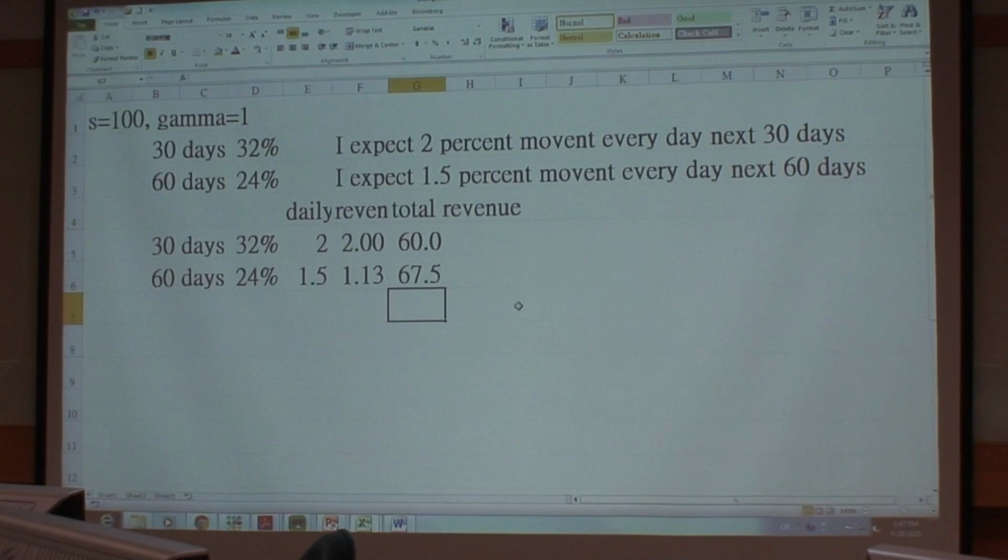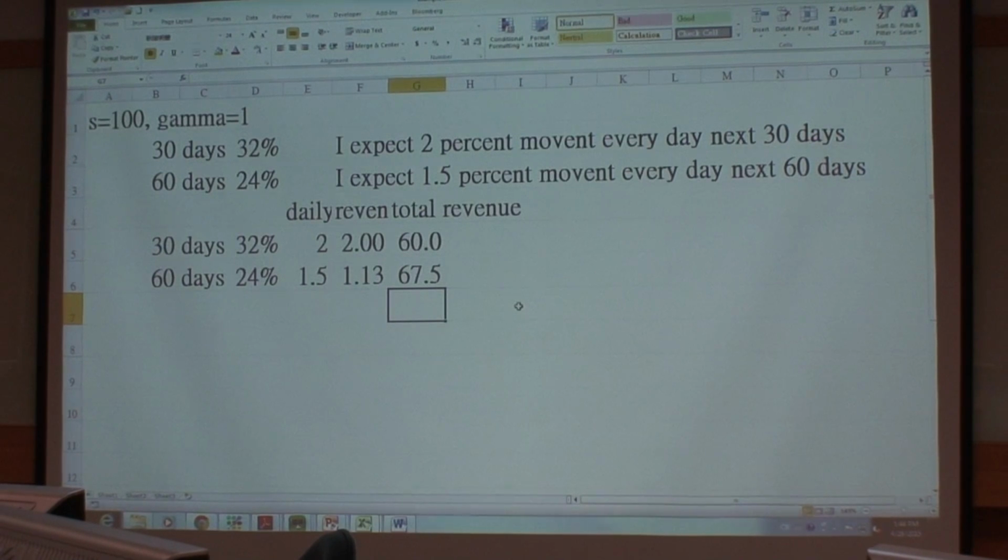Because out of my total prepared payment for movement, for 60 days I am prepared to pay $67.5 in time value. Out of that I can allocate $60 to that first set of 30 days at volatility 32. So therefore I only have $7.5 to allocate to that second set of 30 days.